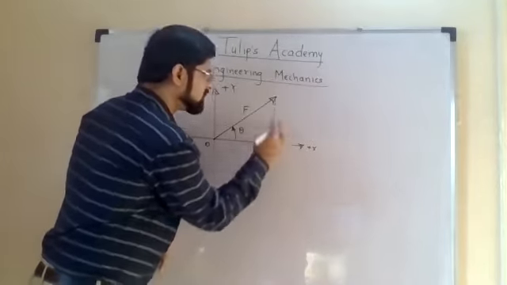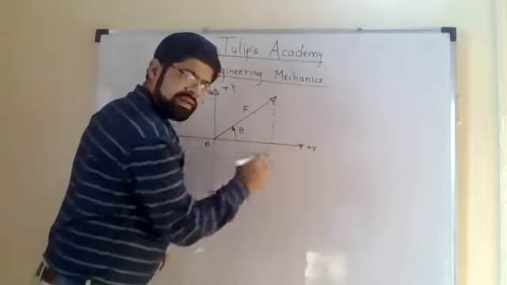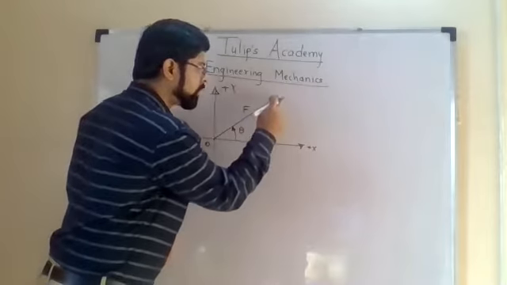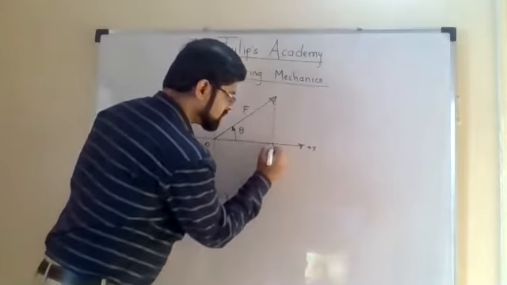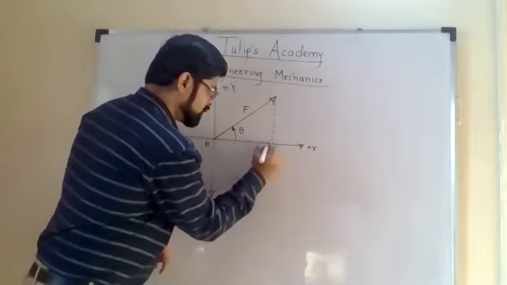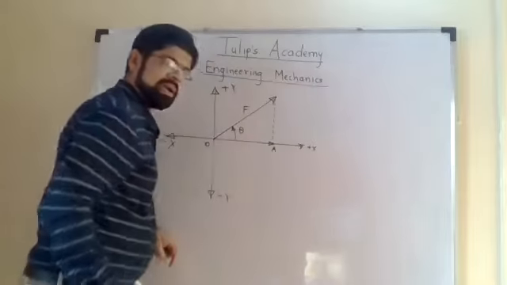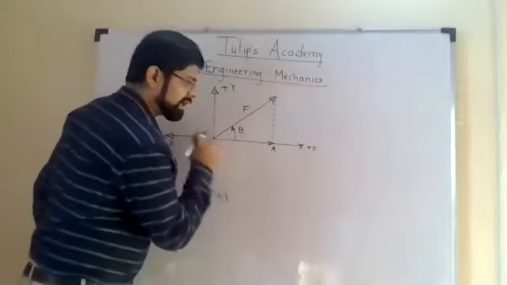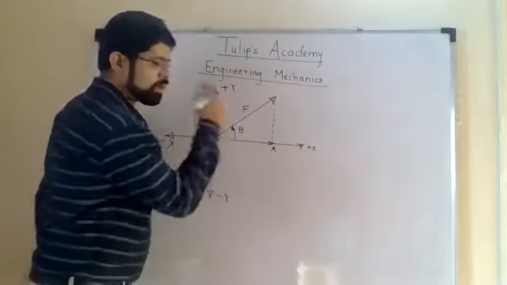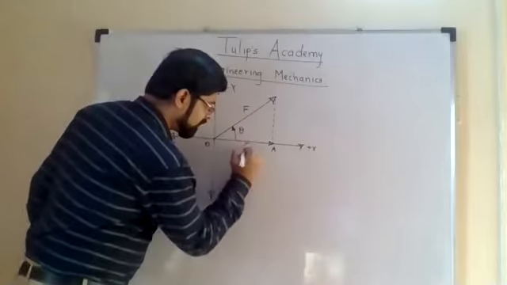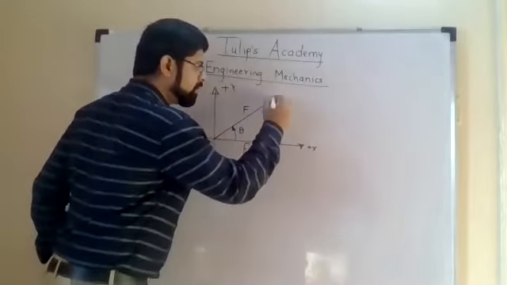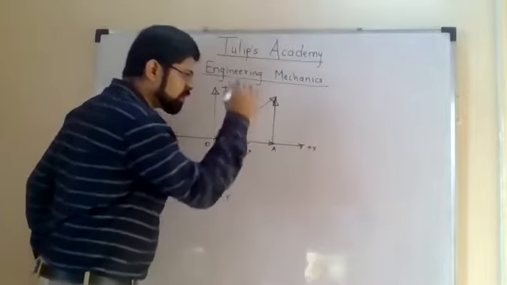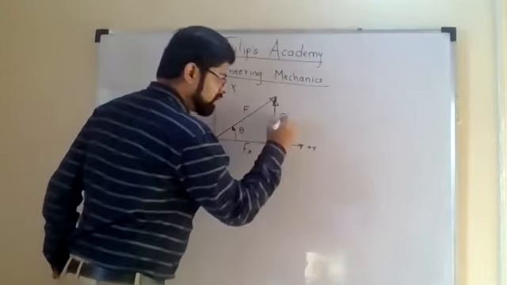So this vertical line, I have dropped the perpendicular from the tip of the force on the x-axis. So this is my point A, suppose. So OA will be my x component of the force directed along positive x-axis as per the rule of the quadrant. So this is Fx, and y component will be directed vertically upward as per rule of the quadrant. Let me call this as Fy.